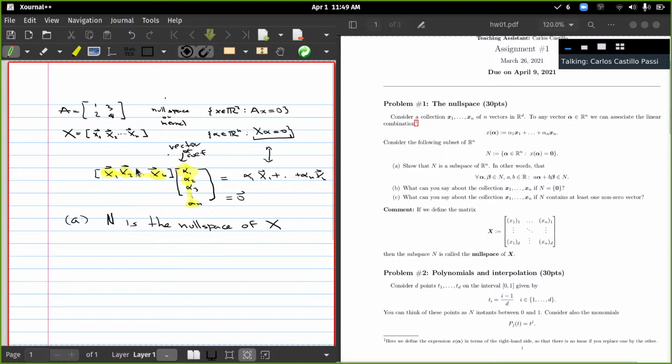If you define this matrix that I just defined here, N is the null space of X, the matrix X.